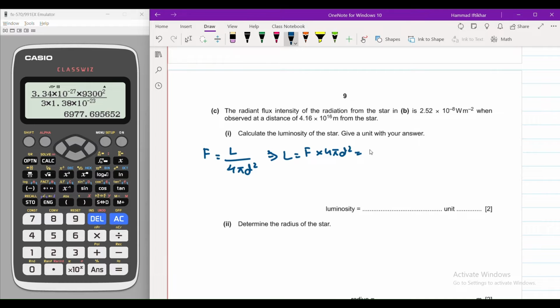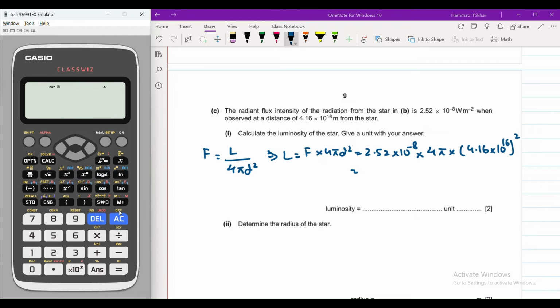So radiant flux intensity is 2.52 times 10 raised to power minus 8 times 4 pi, distance is 4.16 times 10 raised to power 16, whole squared.